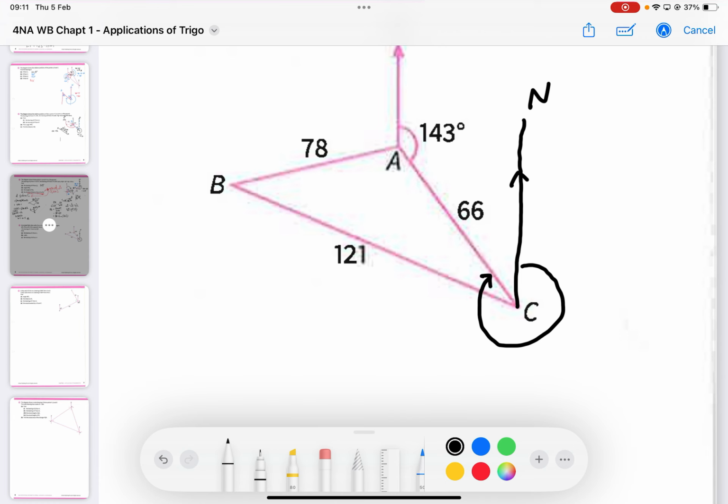So 37. But 37 is not the answer. The bearing is this outside one. So when one whole round is 360, this bearing will be 360 minus 37.